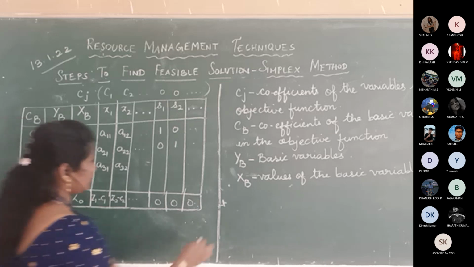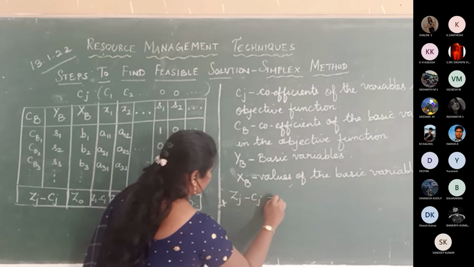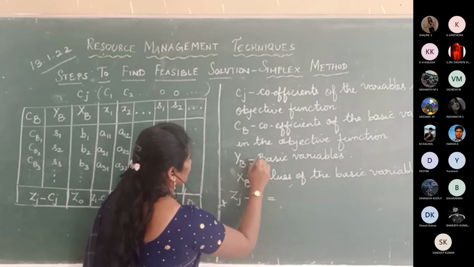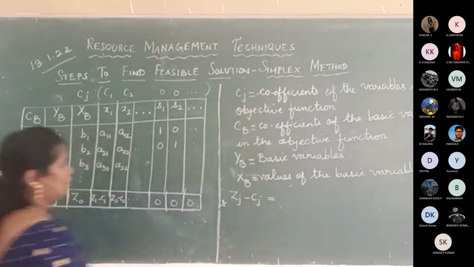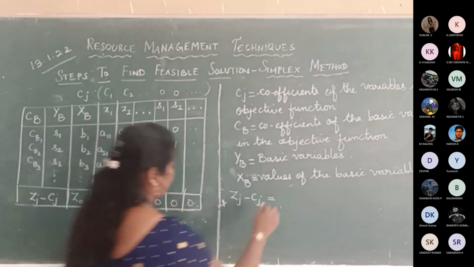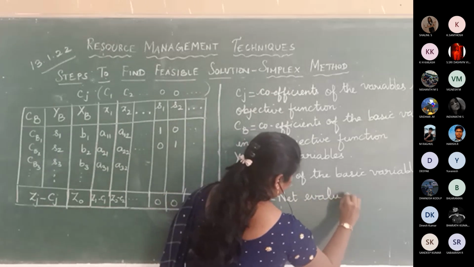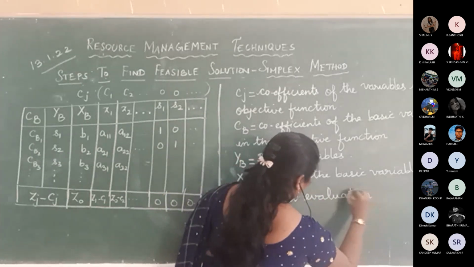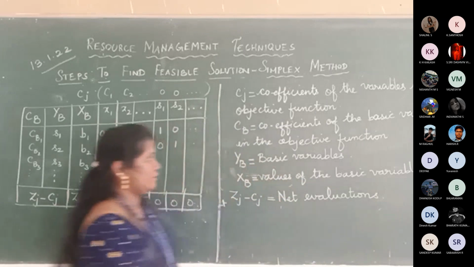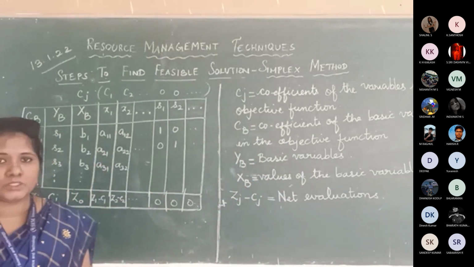And your final one is your Zj minus Cj, which will be the net evaluations. That net evaluation will be your step 5. Till here you just write your notations.